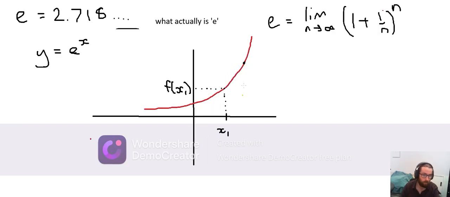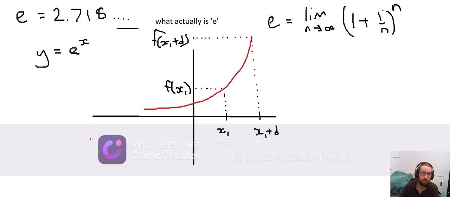So let's pick some other point. Let's introduce some distance d. And let's say this is x1 plus d. And we're going to consider where that hits my function. And out here, we're going to be left with f of x1 plus d.